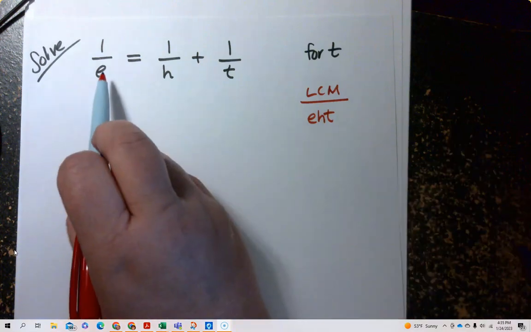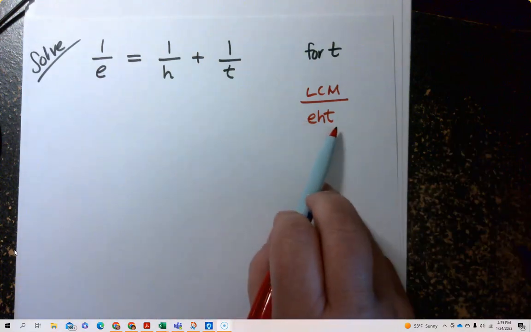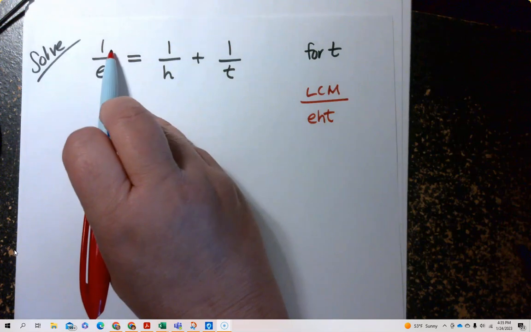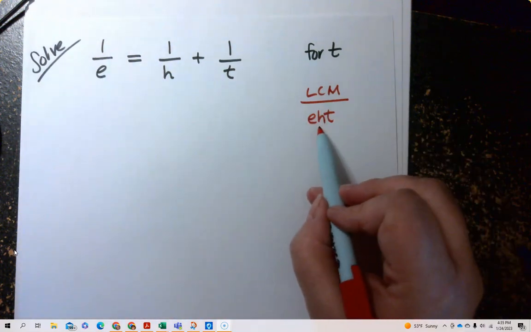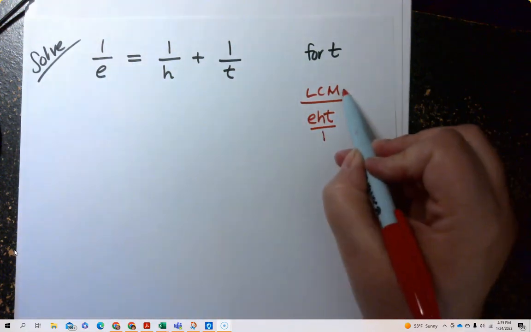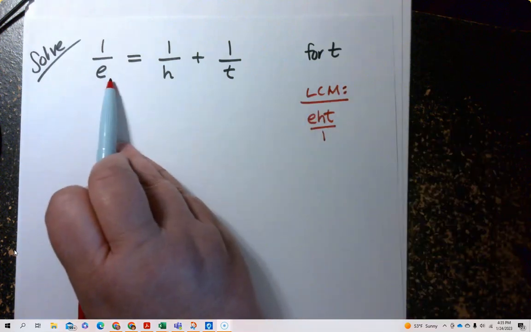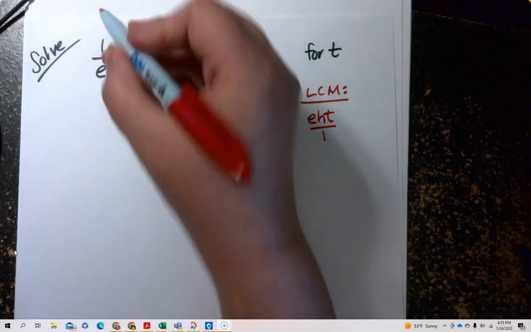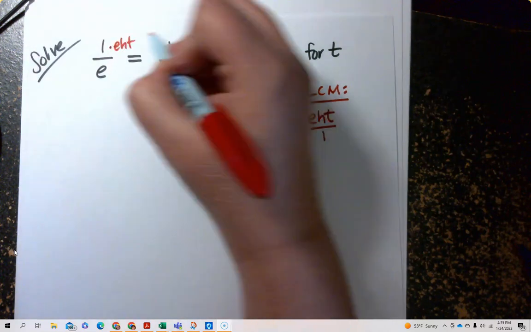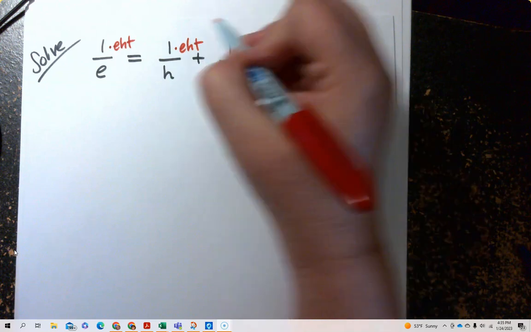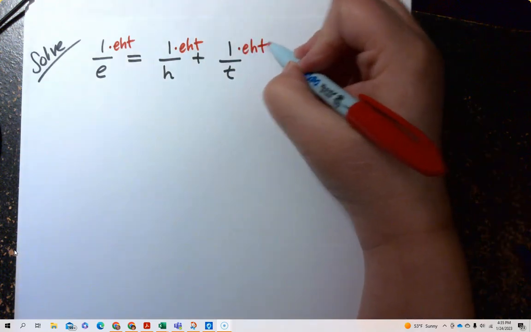I'm multiplying every term by EHT. And I really only need to do it on top because EHT is the same as EHT over 1. So the over 1 means the denominators aren't going to change here when I multiply by that. So it's times EHT, times EHT, times EHT.